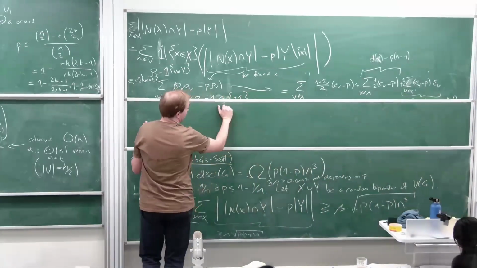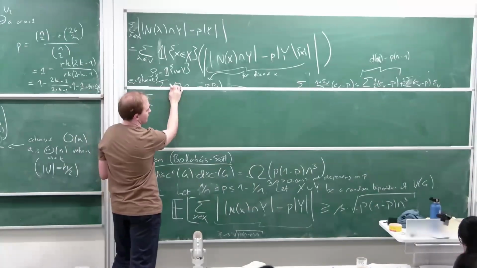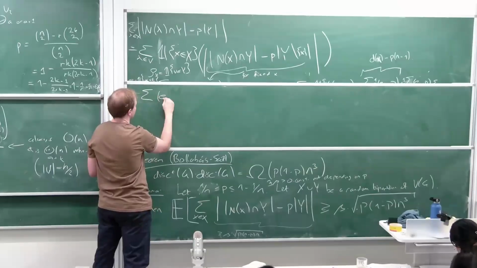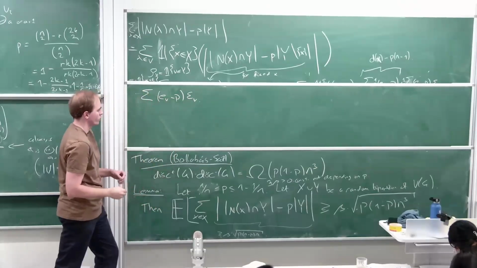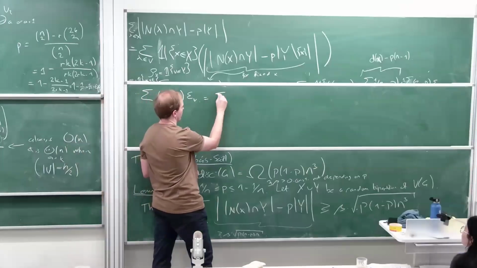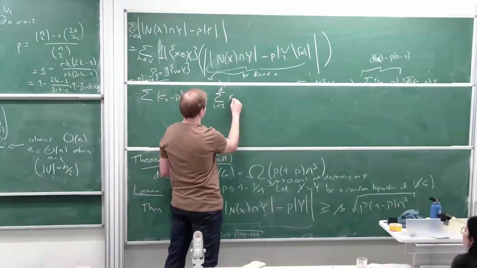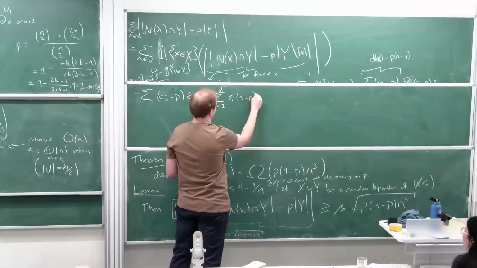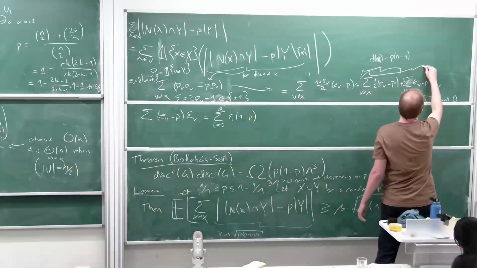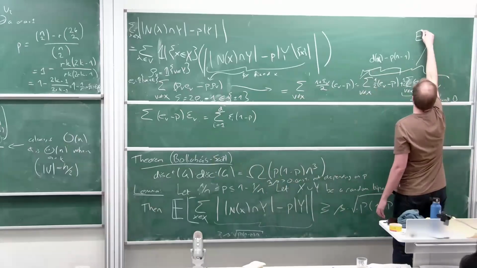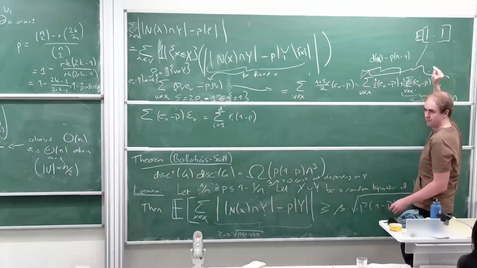Okay, so now let's look at the second sum. Now we can ignore the half because we only care about these things up to constants. I want to bound the expectation of the absolute value of this.